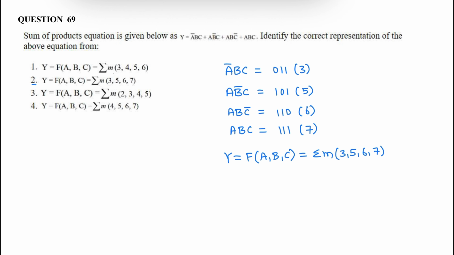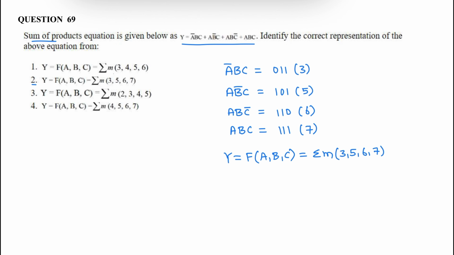Question number 69. The sum of products equation given below is y is equal to A bar B C plus A B bar C plus A B C bar plus A B C. Identify the correct representation of the above equation form.